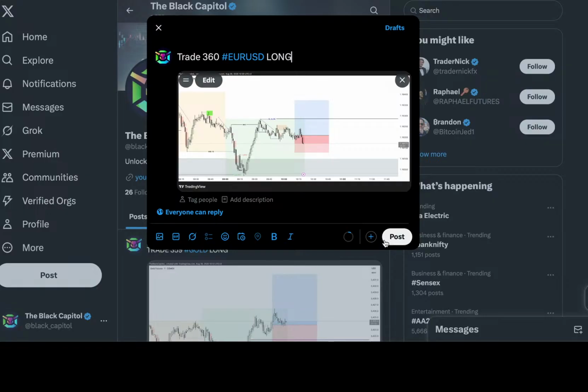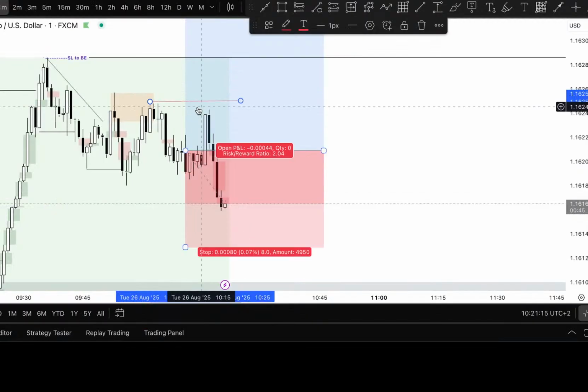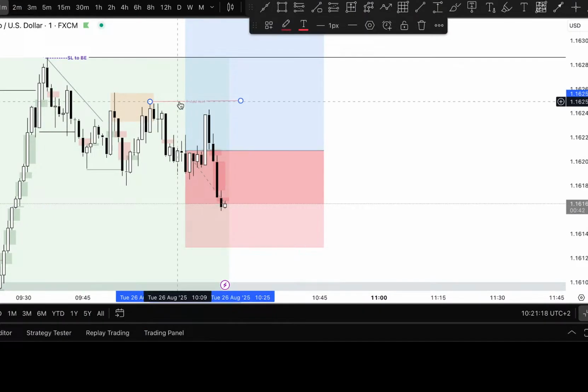Yeah. I did the miscalculation. I considered this as a breakout structure and I entered. Yeah, it's my fault. But gold, I trust it. Okay. Gold, I completely trust this trade.